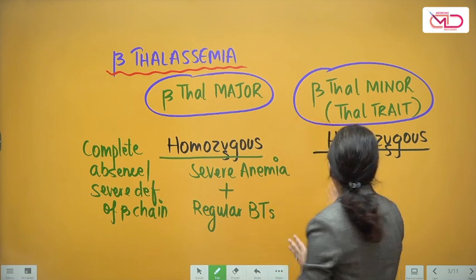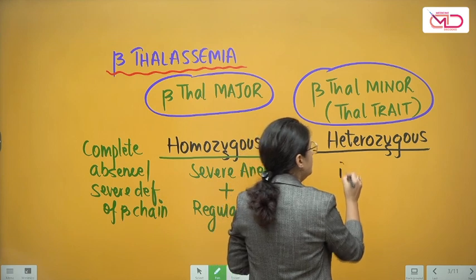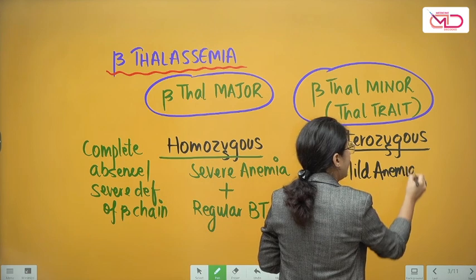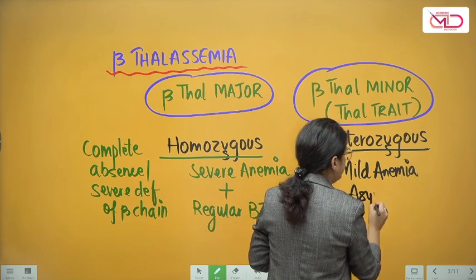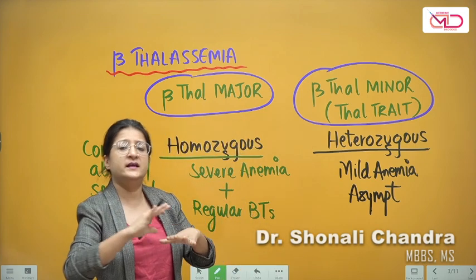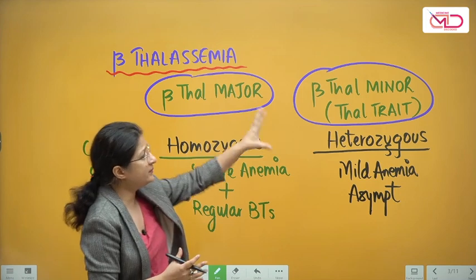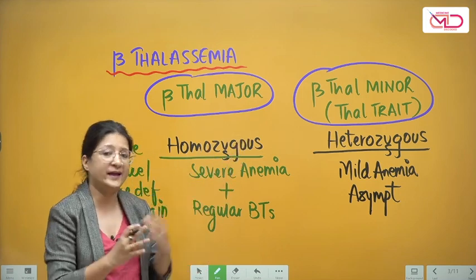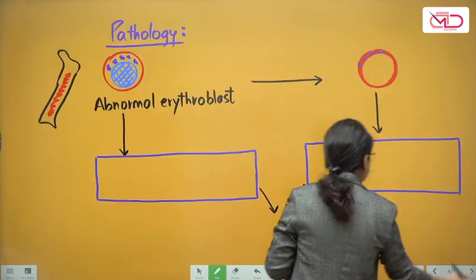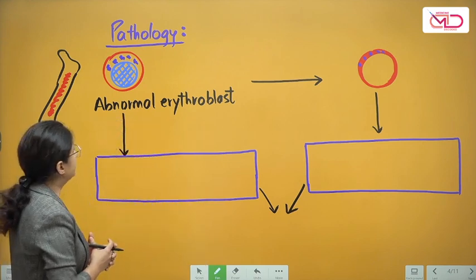So, these people who are heterozygous or with beta-thal trait, they are usually having either a mild anemia or they are entirely asymptomatic, and they don't manifest the various pathological processes of beta-thal major, and then intermedia is in between the two in terms of severity. Now, moving on further, let's talk about the pathology of beta-thalassemia.